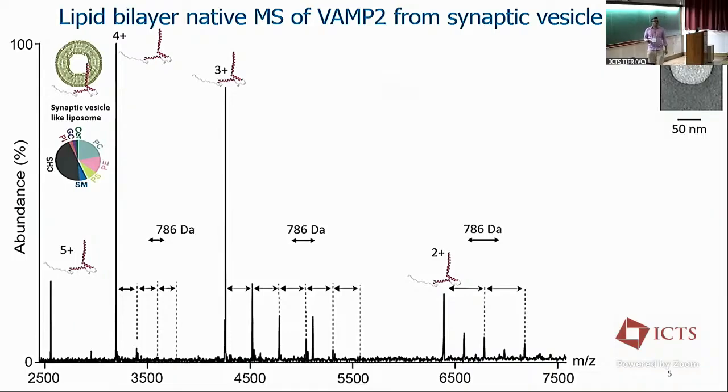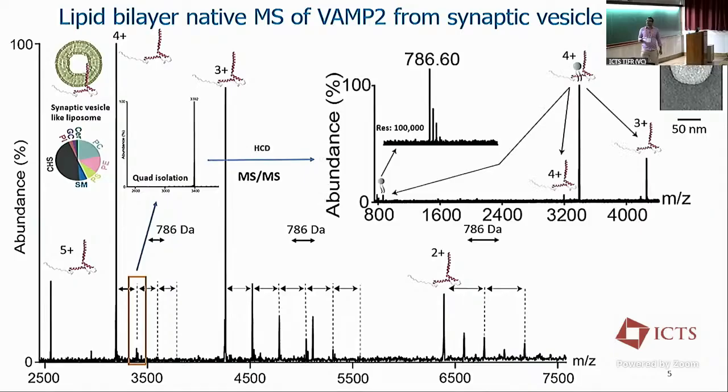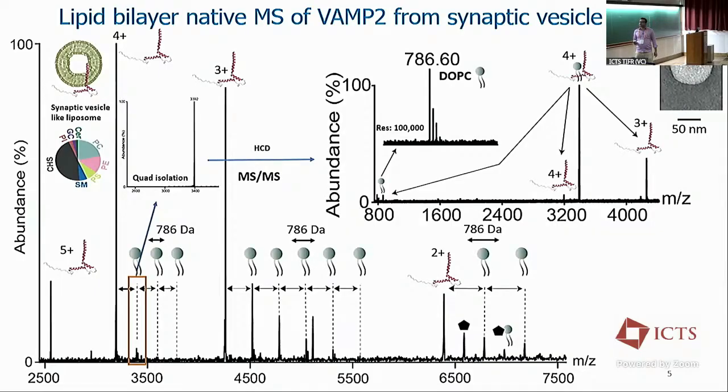As I told you earlier, you can isolate them one by one, dissociate them in the quadrupole, and identify them using high-resolution mass spectrometry. When we did this, we realized that the satellite peaks are actually phosphatidylcholine and cholesterol. So in the bilayer of the synaptic vesicle, VAMP2 specifically binds PC and cholesterol out of all the different lipids present.